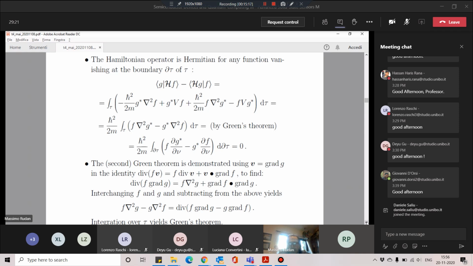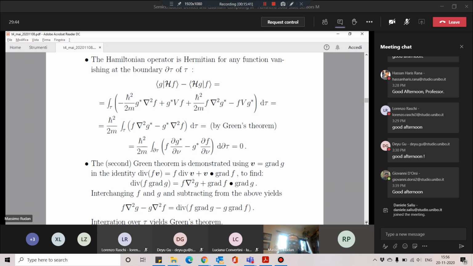Now, if the Hamiltonian is Hermitian, that means that in a scalar product we can place it on the right-hand side or on the left-hand side and nothing changes. That means that the two expressions that you see in the first line must be equal to each other.